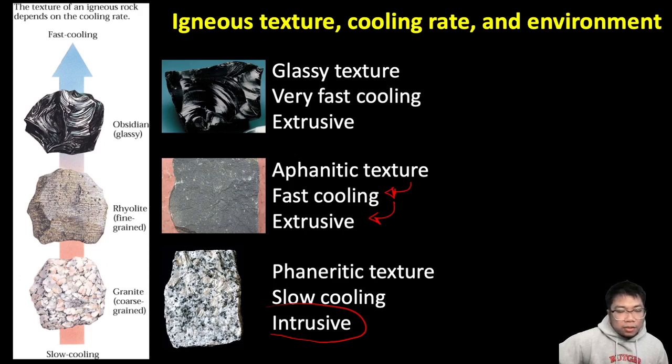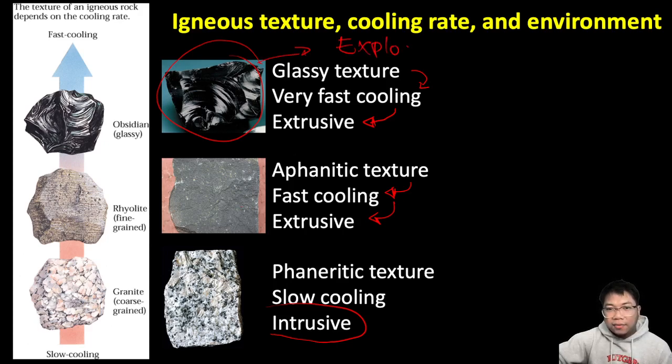And glassy texture would represent the cooling rate that is super fast. And it happens only in extrusive environment. Typically, it is associated with the explosion of a volcano. And that is the reason why it cools very, very fast. All right. So that is the order based on the texture.